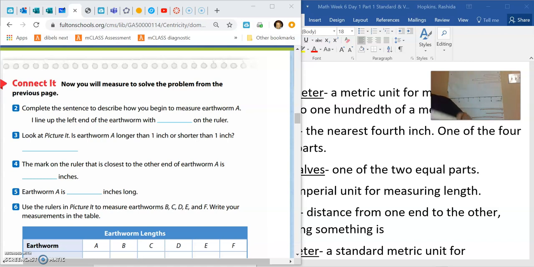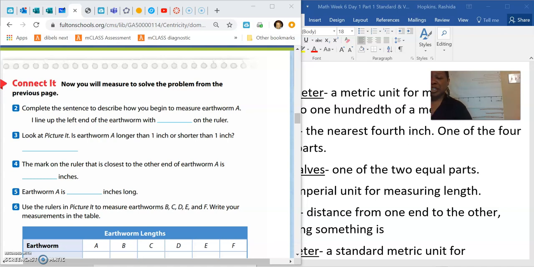It's closer to 1.5. So that's where it would stop. So you should have on number 4, 1.5 inches. Earthworm A is 1.5 inches long.